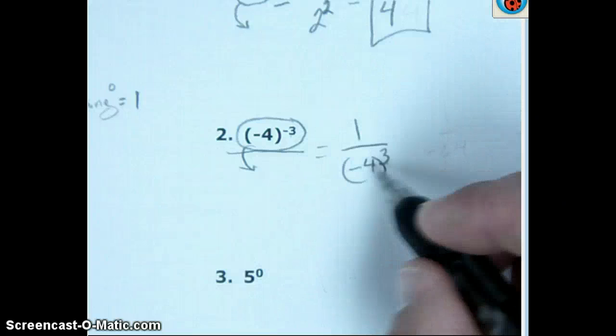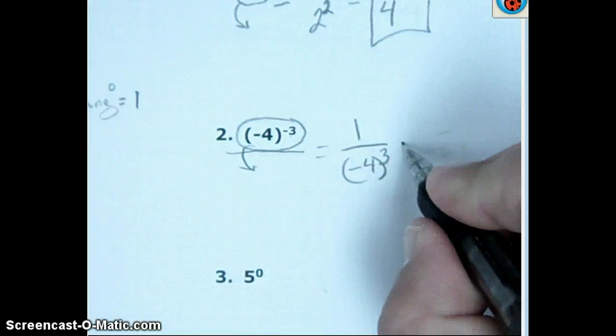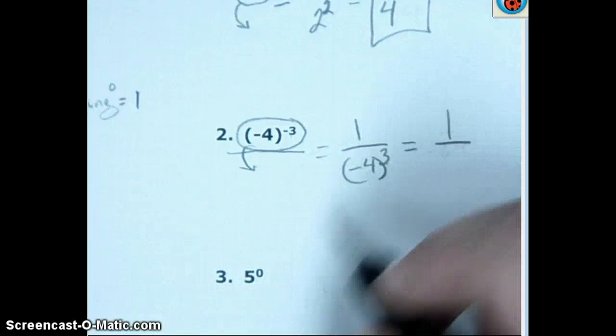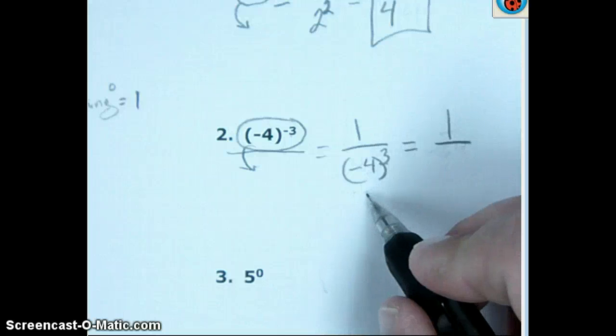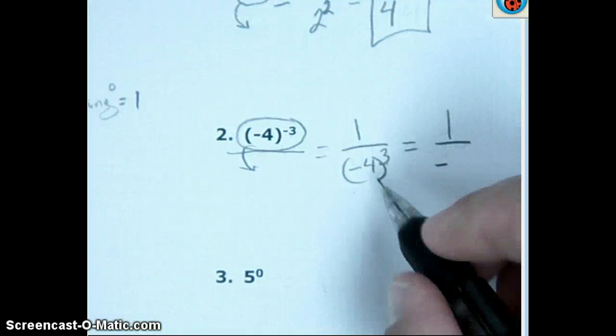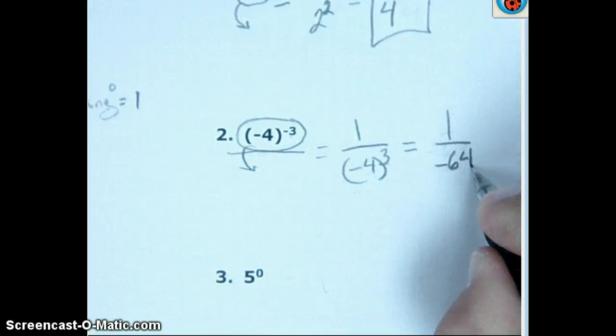You put a bad kid down in the basement, he behaves. Alrighty, now we can actually work that out. 1 over negative 4 to the third power, that's like negative 4 times negative 4 times negative 4. 3 negatives is going to make a negative. And 4 to the third power, if you stick it in your calculator, you're going to get 64.